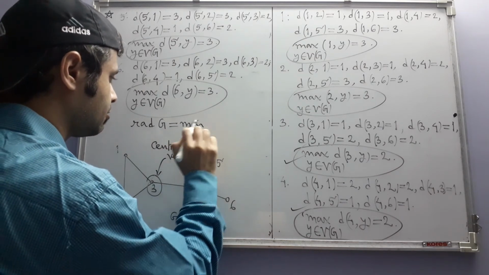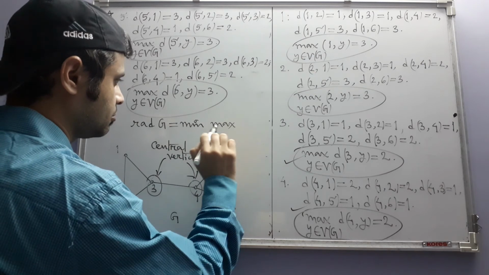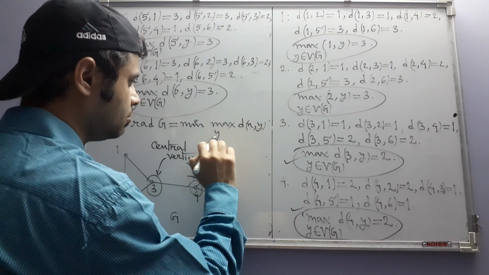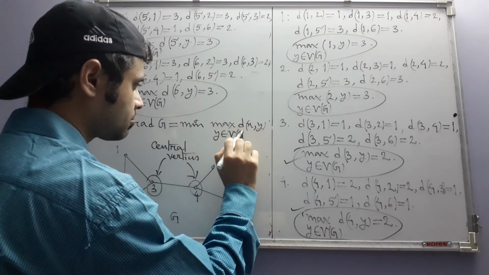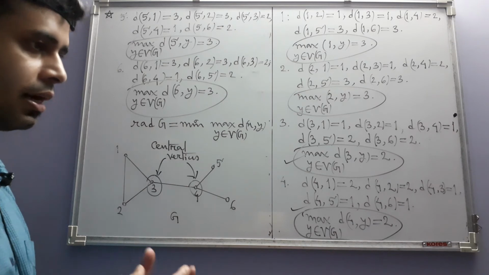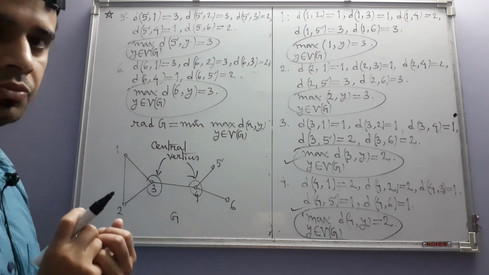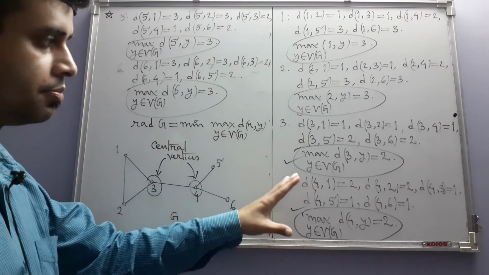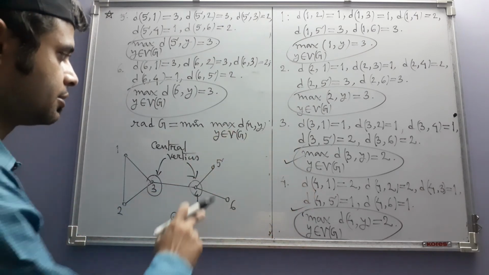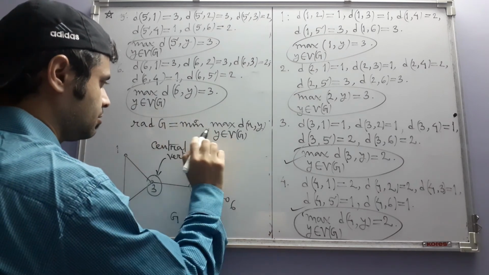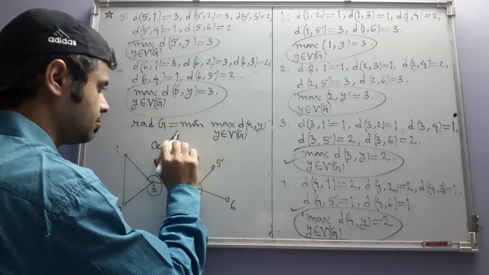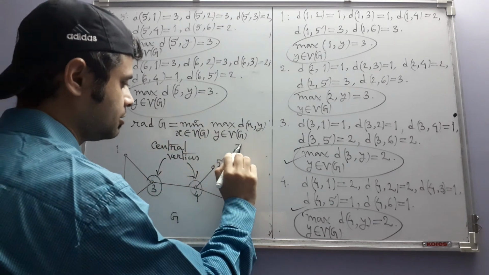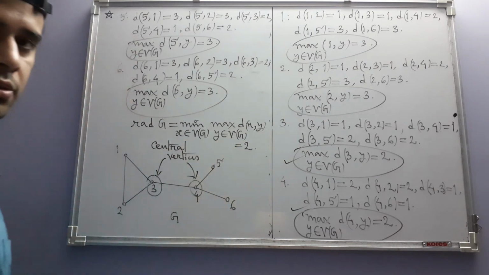When we are calculating this maxima, and among the maxima we are choosing the minimum, then the vertices that give us those minimum values are actually the central vertices. So that choice is made here outside. So that is equal to 2 in this particular case.